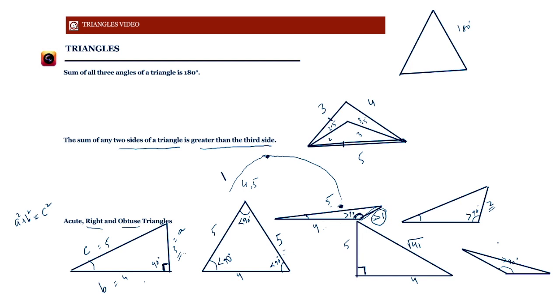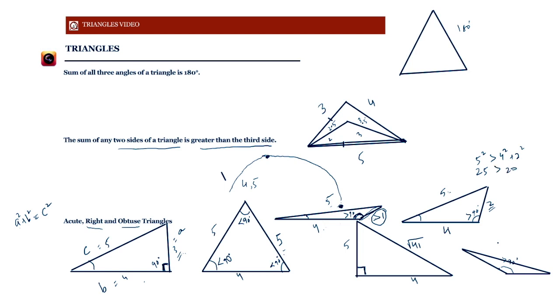Let's say when this was 4 and this was 2, and this we knew was 5, then 4 square is 16 and 2 square is 4. So 16 plus 4 is 20. My third side square was greater, so 25 over here, right? 5 square is greater than 4 square plus 2 square. 25 is greater than 20, right?